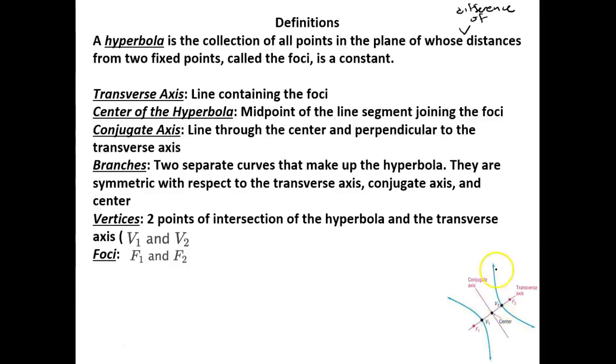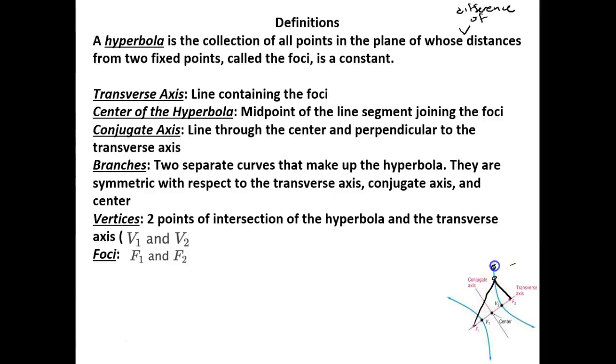So here, this is what a hyperbola would actually look like. We have our two foci. If we take a point on the axis and go from this foci to that point to this foci, the difference between those two lengths is always going to be constant.